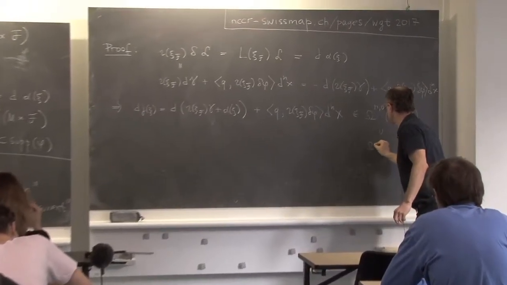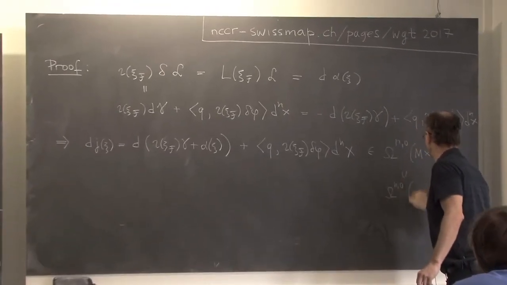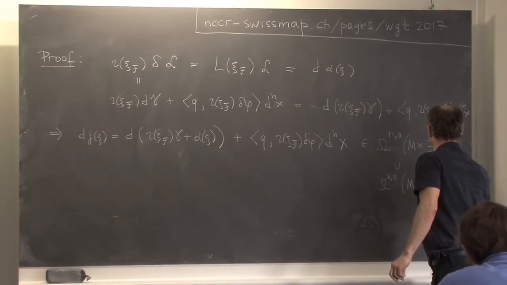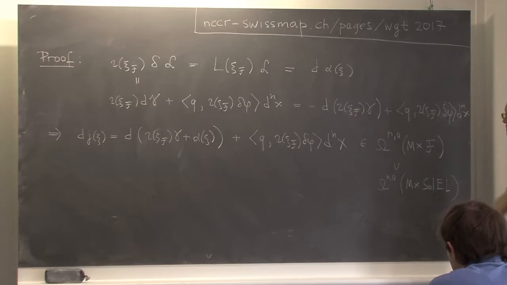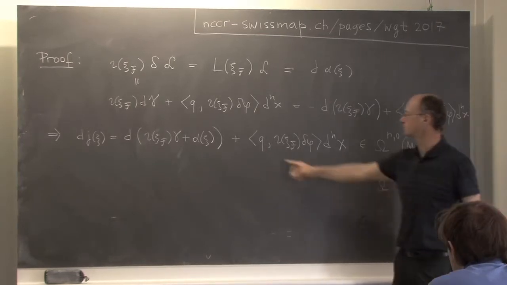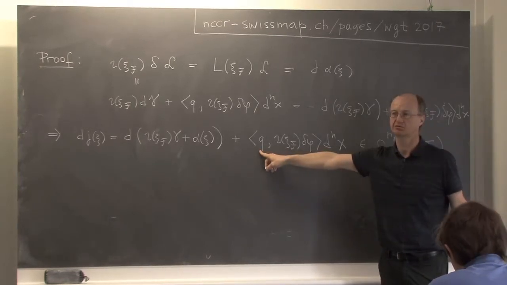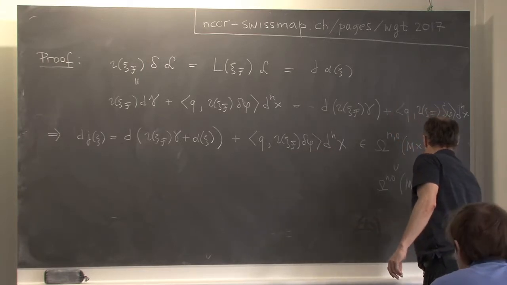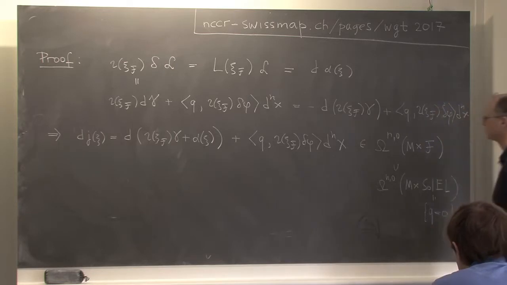Inside this space is sitting Ω^{n,0}(M×Sol EL), and Sol EL is just the locus where Q is 0.